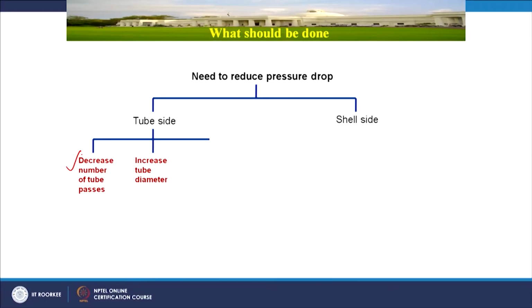Okay. Next option is, you can increase the diameter of the tube, because more diameter will give more space to flow, and so less pressure drop can be obtained. But at the same time, all these things will affect the heat transfer coefficient also, but the heat transfer coefficient is mostly affected by passes.